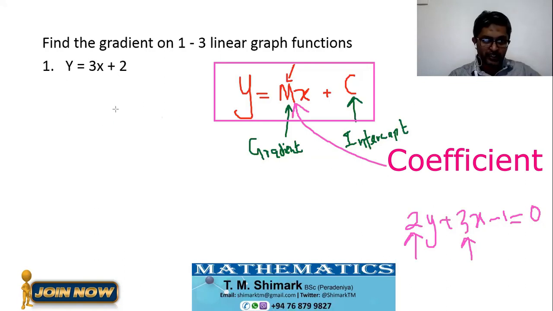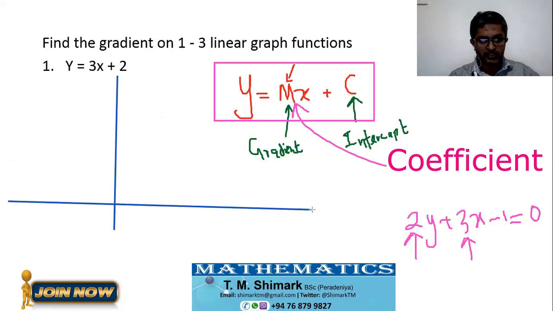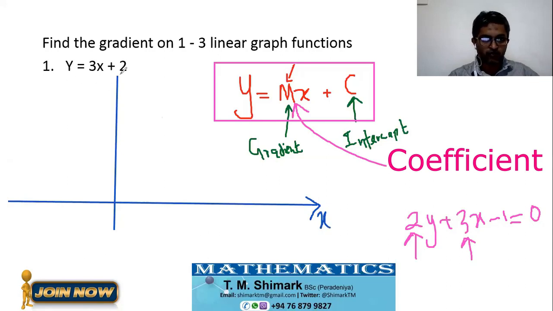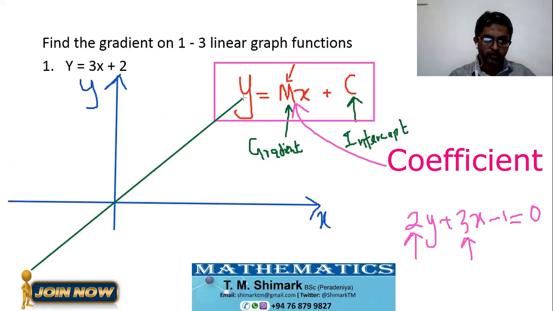If you take a graph like this, this is what we call the x-axis, right? This is the x-axis, this is the y-axis. We can draw as many graphs as we wish on this. I'm just drawing a graph that goes through the origin.